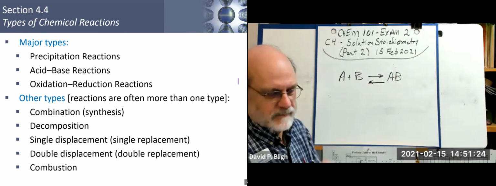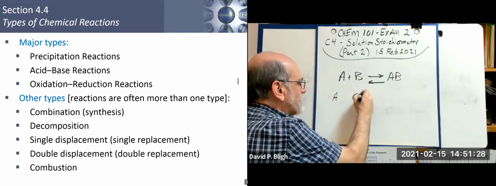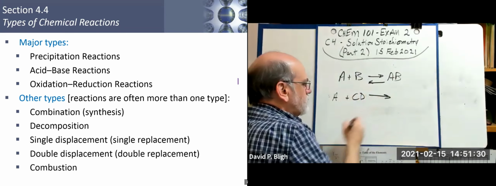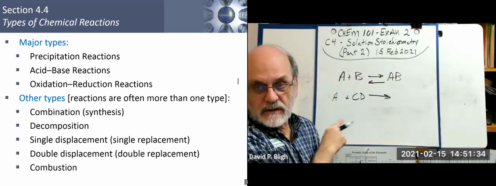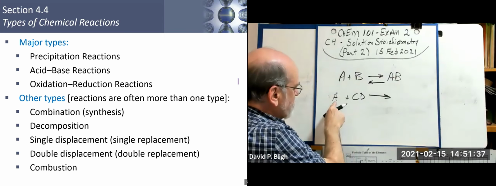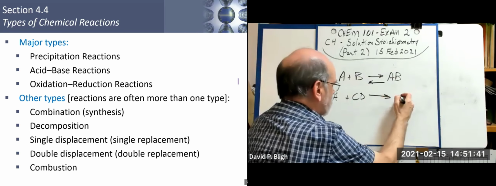Single replacement is where you have an element and a compound, and the element replaces one of the components in the compound. So let's say this is a metal, and it replaces that metal here.